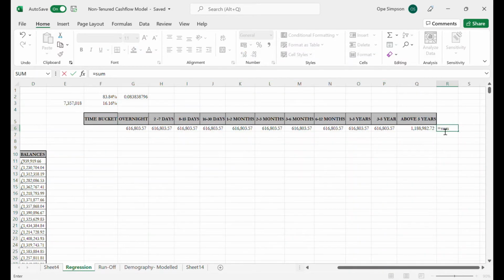Just to confirm that everything has been allocated. So there we have it.